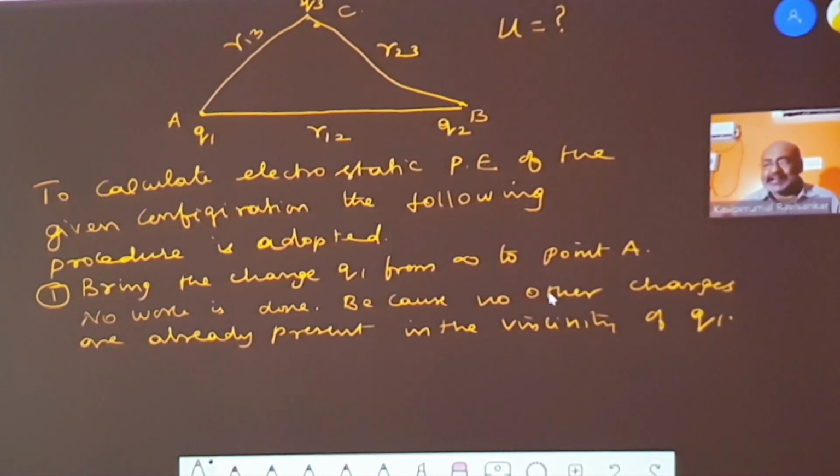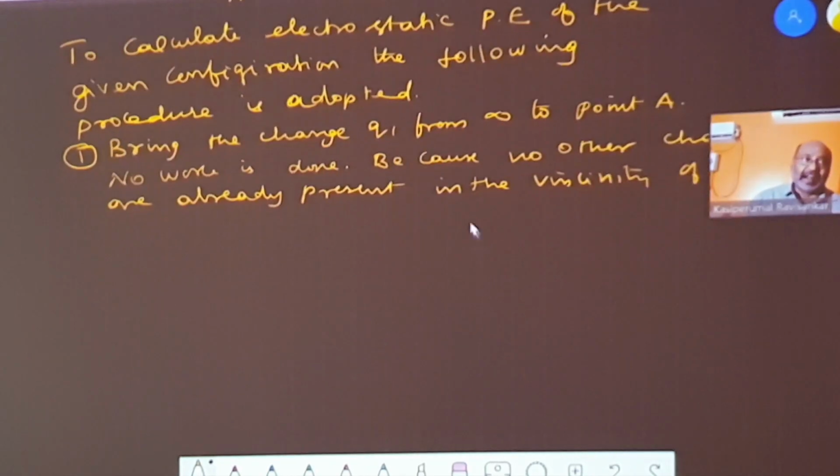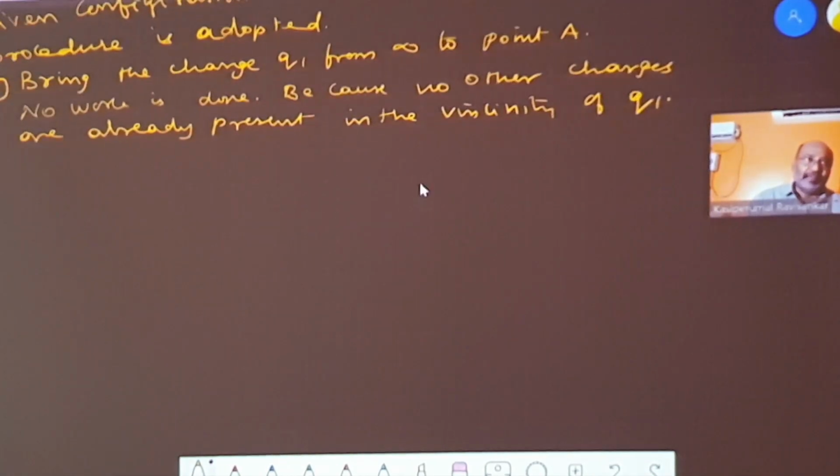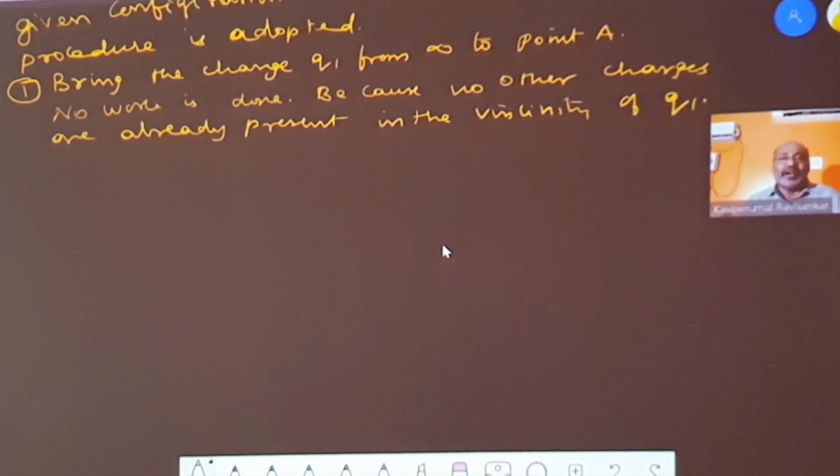So no work is said to be done. Okay, no problem. That is, from infinity, the charge Q1 is taken to this position. What is the next one? Now I have to consider the second charge to be brought. So the second charge Q2 is brought.